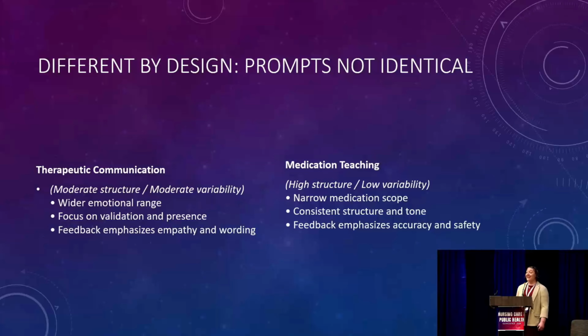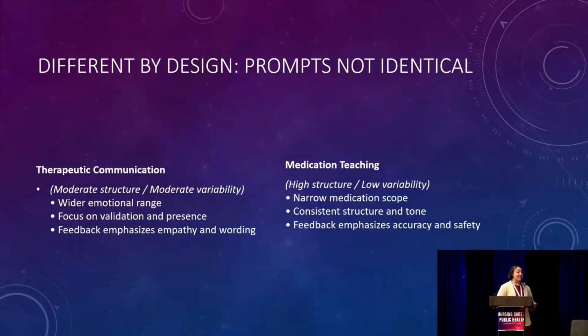Now, on my medication teaching side, which are the two that I'm going to emphasize today because they are my two opposite ends of the spectrum, for medication teaching, it's very highly structured. And we are often talking about something that's very high safety. Accuracy matters. Do my students understand about their medications? Are they giving accurate information to the AI patient? Are they emphasizing things to keep their patients, for example, alive when they're going home on a chemotherapy agent?